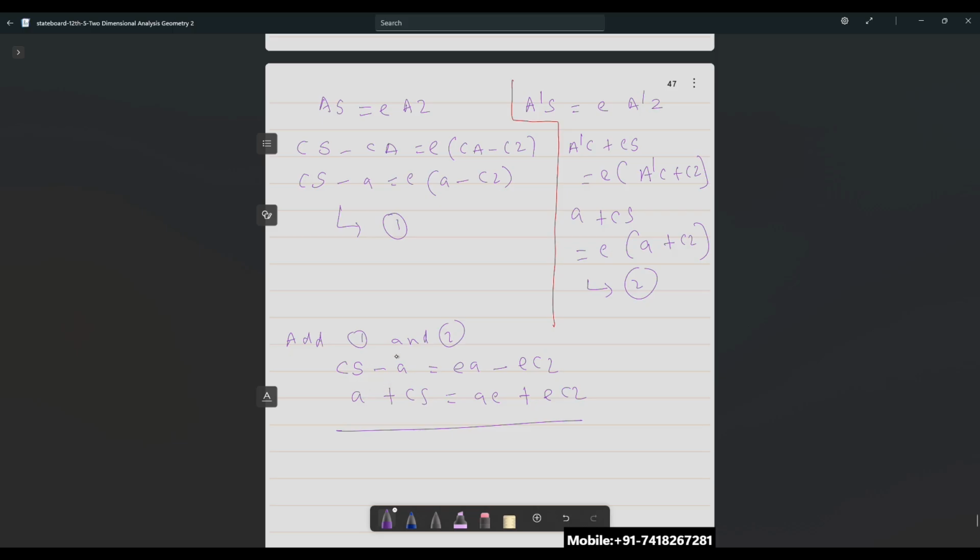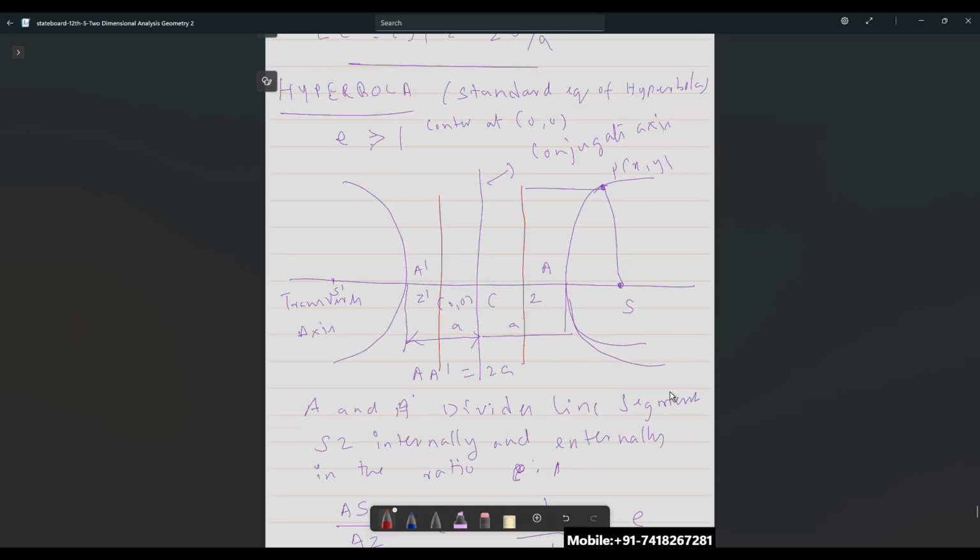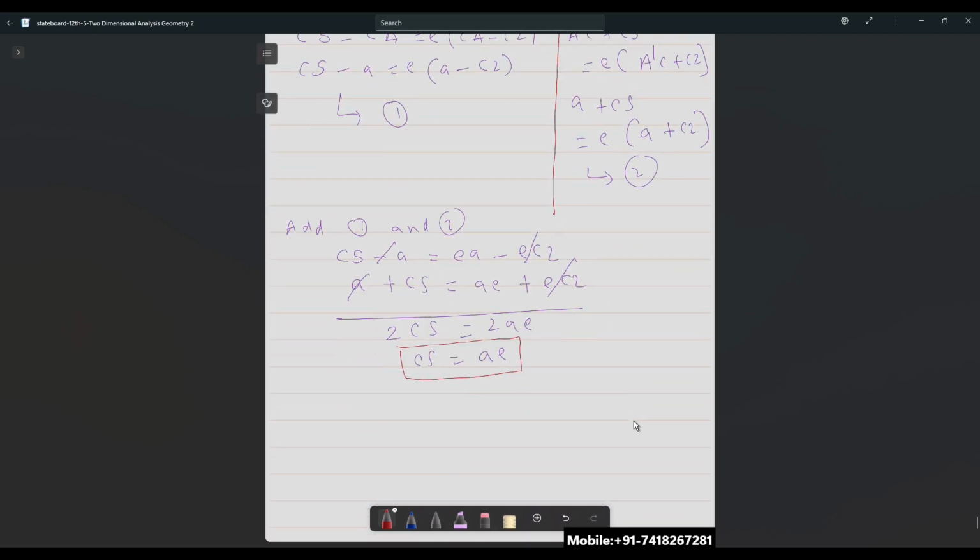If you add, these things go, and then 2 times CS equals 2ae. That means CS equals ae. This is one result we have. So we have found what CS is. From here to here, this is (ae, 0). Similarly, this side you also have (minus ae, 0), the focus. So one result we got.